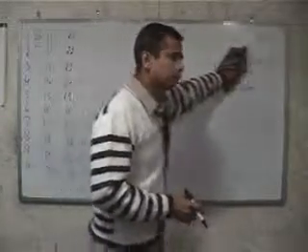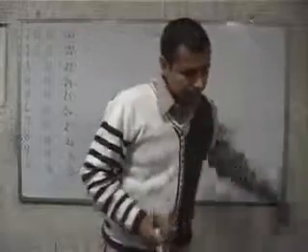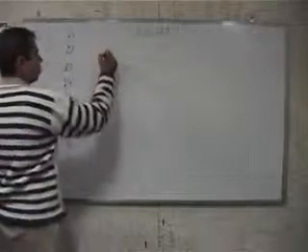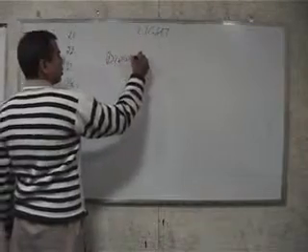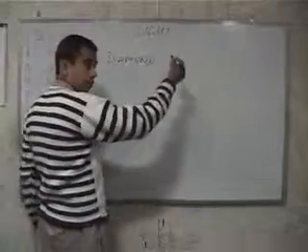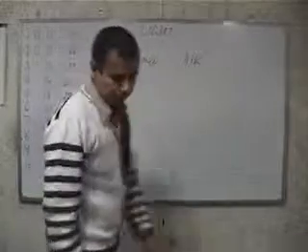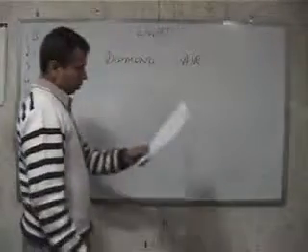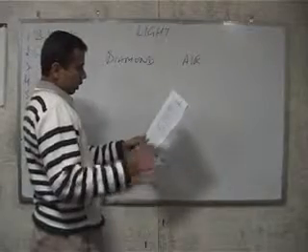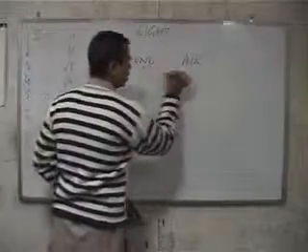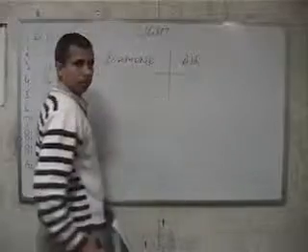Like in this case, we are talking of diamond as one medium and air as the second medium. Now, what they have said is, refractive index if light is traveling from diamond to air.